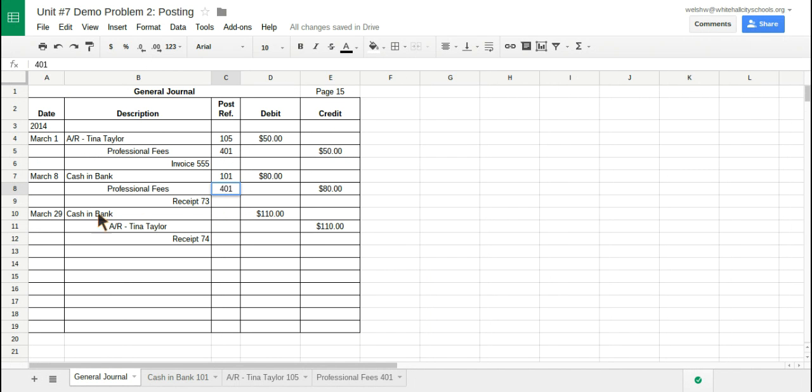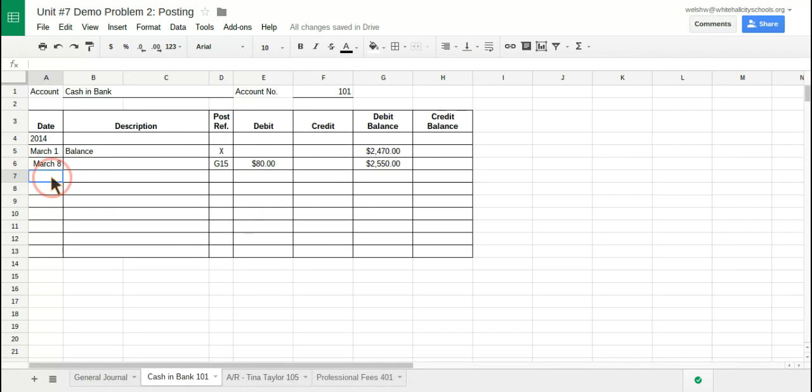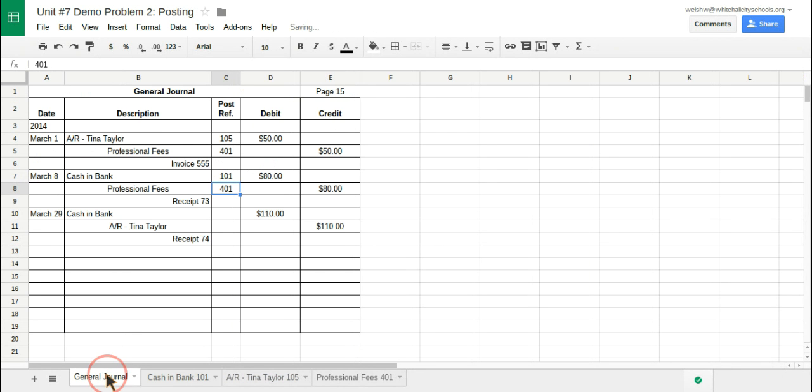Last transaction, we have a debit of cash on March 29th, $110 debit to cash and bank. So we go to that, March 29th, G15. We had, I forgot again, debit of 110.